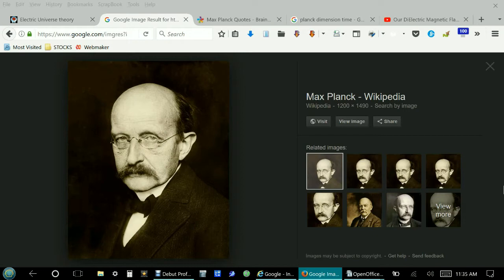What he basically said is that an atom exists and then it doesn't exist. At one moment it exists, and at another moment it rolls into the abyss for just an infinitesimal moment. And that moment, when the atom or the electron or the photon rolls into the abyss and out of view, he calls Planck's dimension.